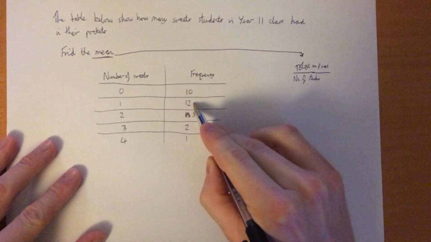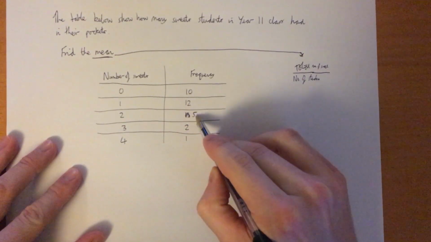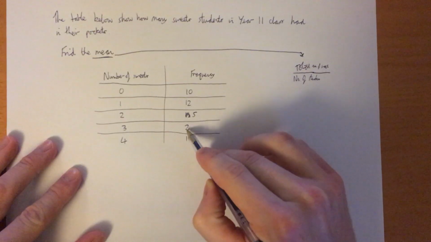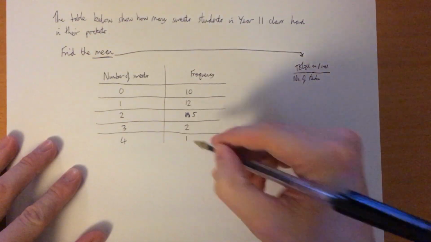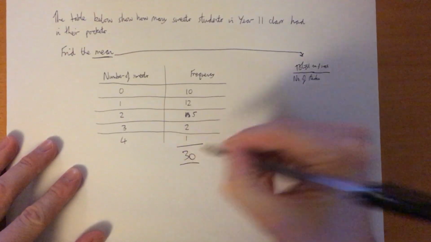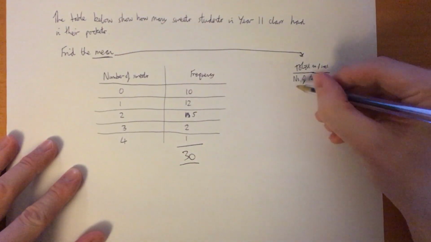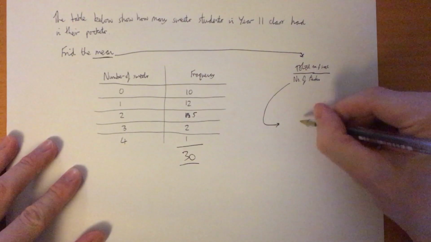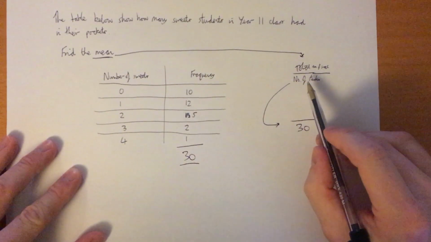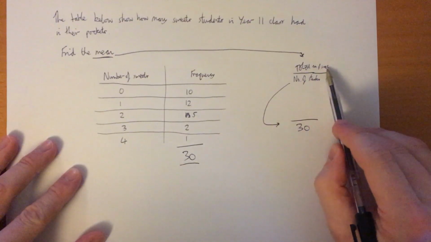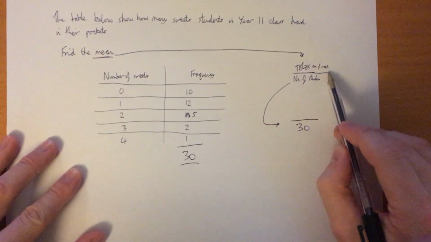So 10 plus 12 is 22, plus 5 is 27, plus 2 is 29, plus 1 is 30. So therefore, 30 students were asked. So it's going to be divided by 30. Now, the difficult part is to work out the total number of sweets.